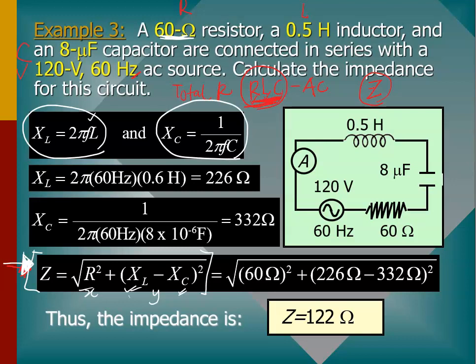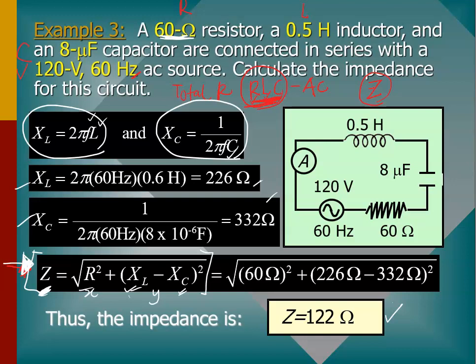Actually, I have the frequency, I have the inductance, and I have the capacitance. So just substitute in that particular equation. You will get the inductive reactance equal to 226 ohm and capacitive reactance equal to 332 ohm. So substitute these two things plus the value of resistance into the equation of impedance, and you will get the value of impedance is actually 122 ohm.